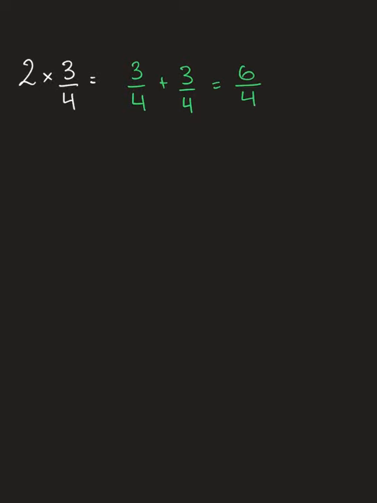We add the top, the bottom stays the same. My final step is to simplify, which means I need to turn this into a mixed number. So I need to start by figuring out how many groups of 4 are there in 6. There's 1, which leaves me with what fraction left over? 2 out of 4. And you could also simplify this down to 1 and 1/2, because 2/4 is the same as 1/2.